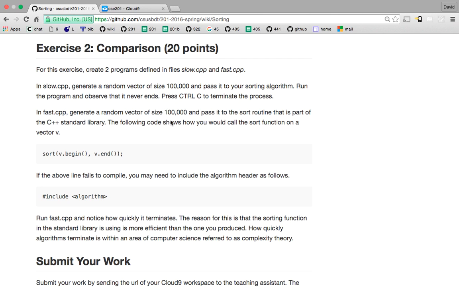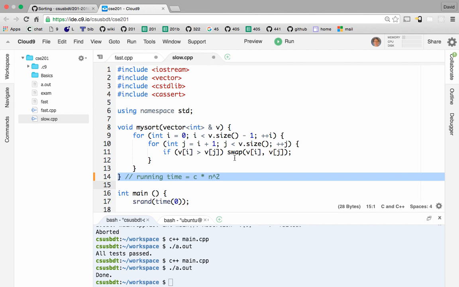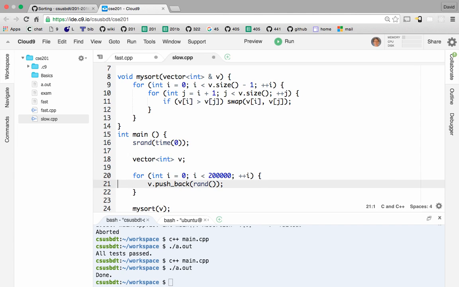So maybe 100,000 runs too fast. Let me try that 100,000 here. So that took several minutes, right, to run.